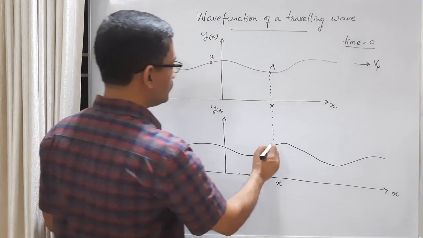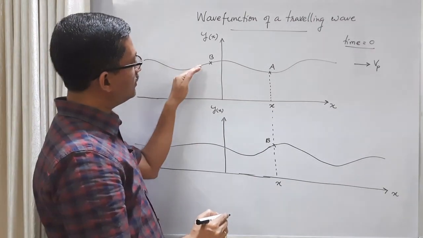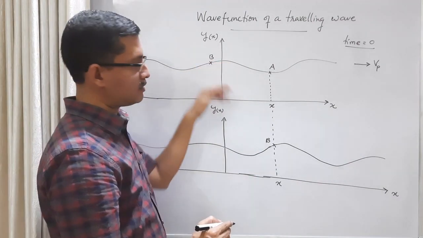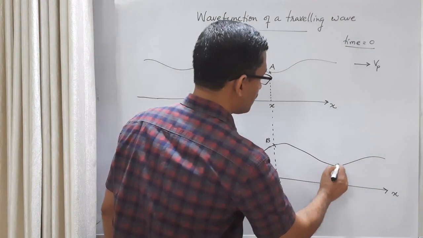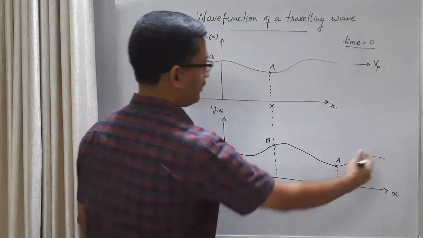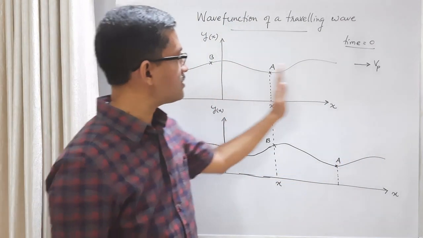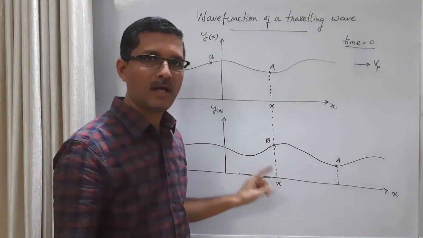So this is the point B, was initially here. It is a slightly uphill point, and A is in a valley, so A is somewhere here. So A has advanced to this point, and B has advanced to the position x.